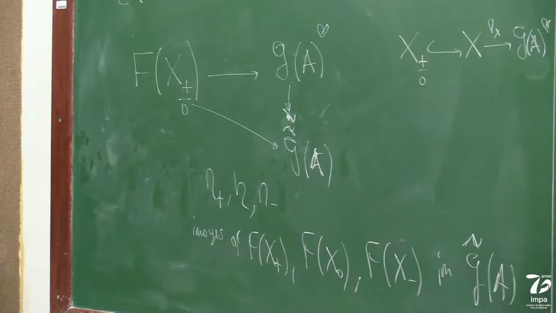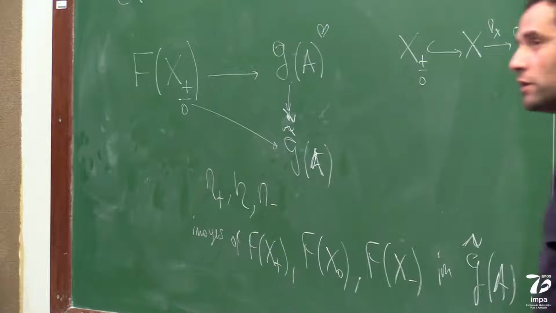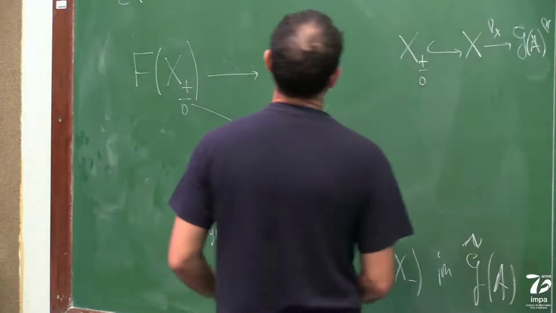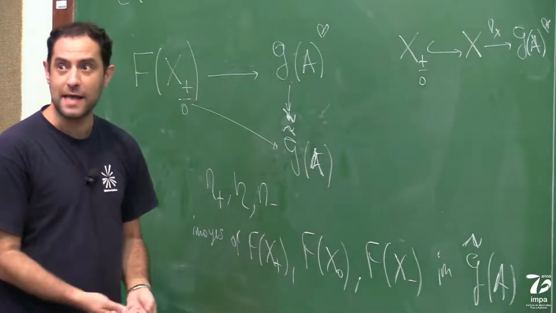In practical terms, what are those? So I haven't told you how to construct the free Lie algebra, but an outcome of the construction of the free Lie algebra generated by a set is that every element of that Lie algebra is a linear combination of brackets of elements coming from the set.